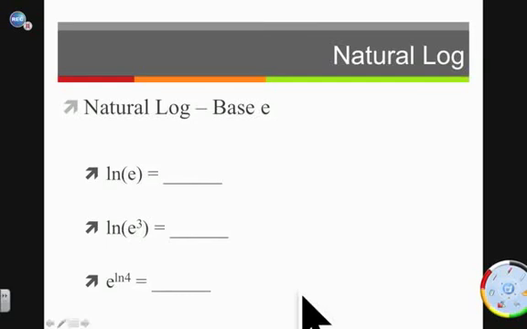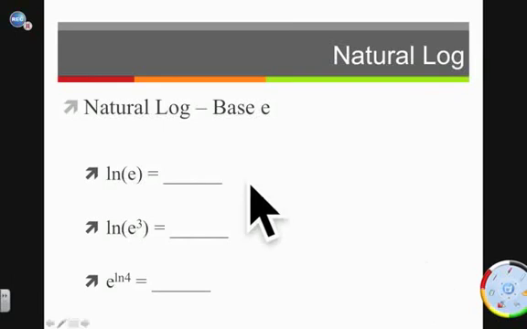So it's the natural log, and natural log is base e, and it's another one where we don't write the base. We just know whenever we see ln, it's automatically base e. So the first example that I have here, this is the logarithm base e of e.